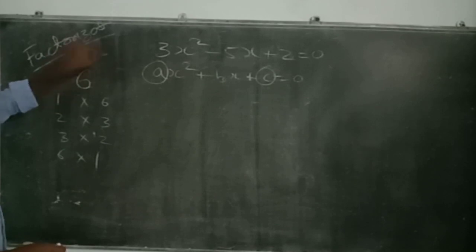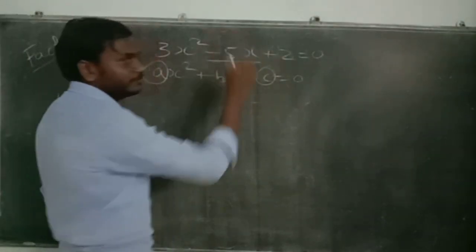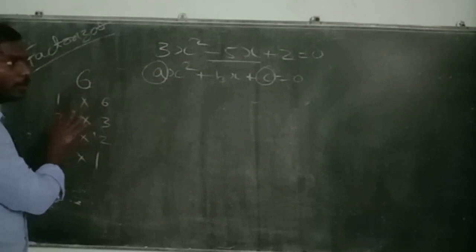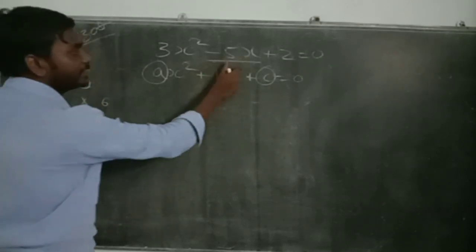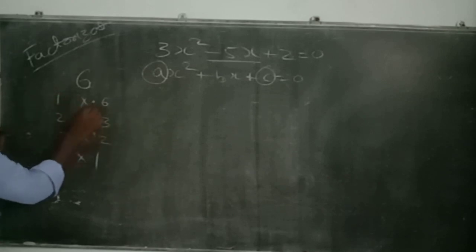When we use the factorization method, the middle term minus 5x should be written in a form such that whether we add or subtract any of these values, we get this value. Suppose I take minus 6 plus 1.